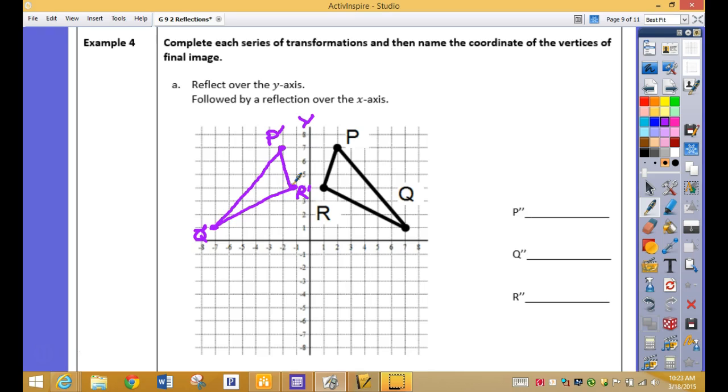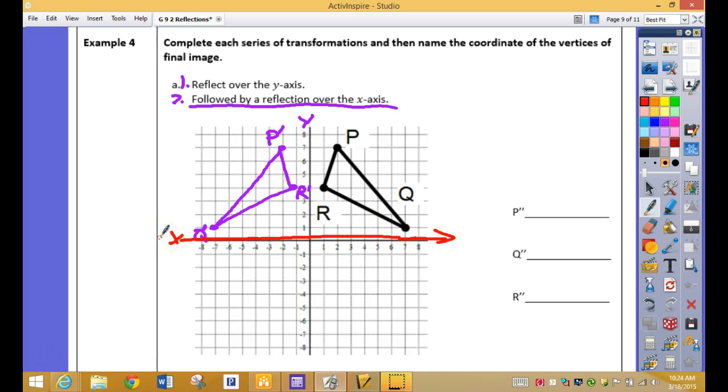We reflected it in the y-axis, but we're not done. Because there's two steps to this one. It says reflect over the y-axis, followed by a reflection over the x-axis. So now they want to take our new image and reflect that in the x-axis. We're not going to reflect the pre-image.